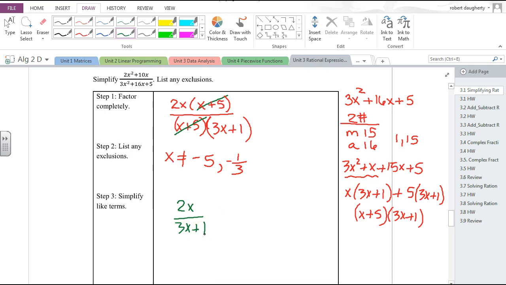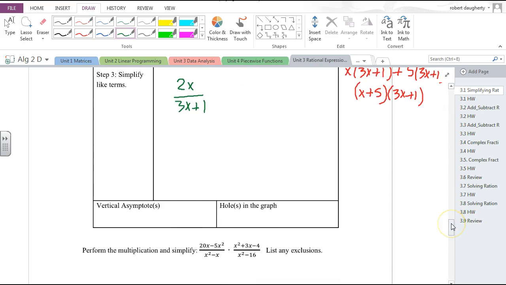So if I look at this final answer, what is the exclusion in the final answer? That is my vertical asymptote. Let me back up and rewrite this a little differently. The exclusion is x can't be -1/3.